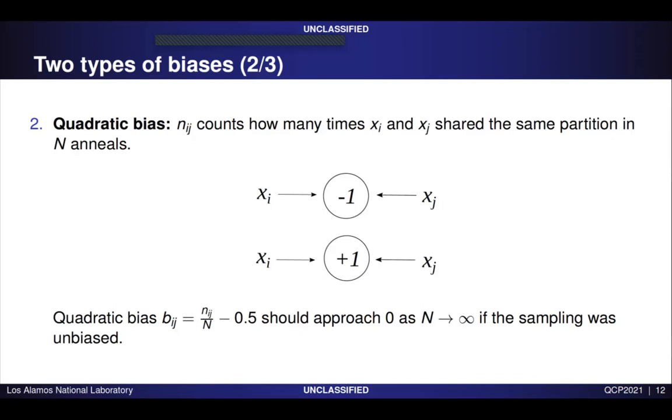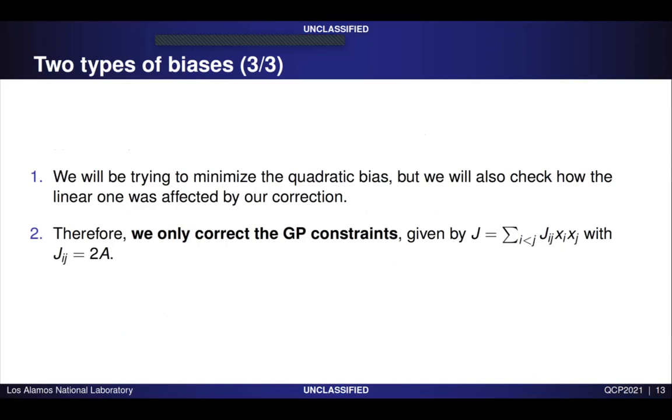Similarly to the linear bias measure, we would expect this measure to approach 0 as the number of anneals goes to infinity if we had a truly random sampler. In our bias correction procedure, we will specifically minimize the quadratic bias, but we will still quantify the linear bias.